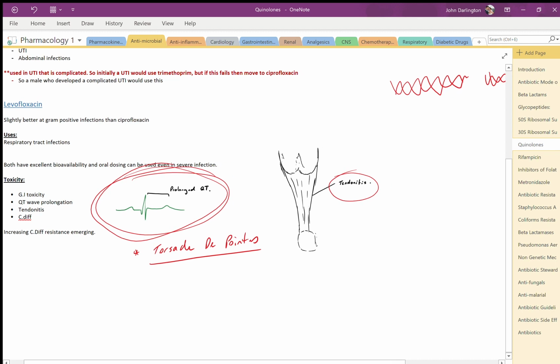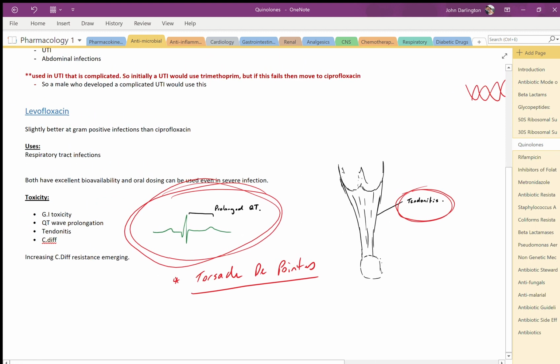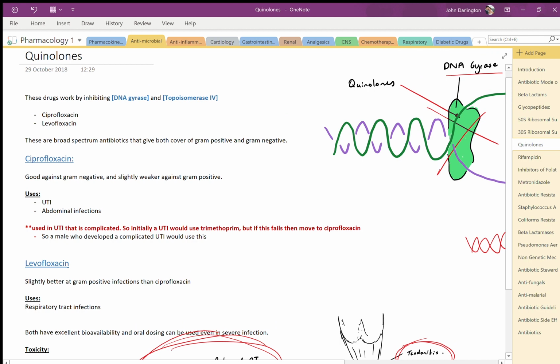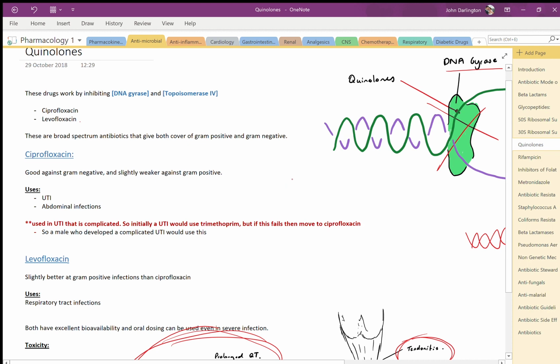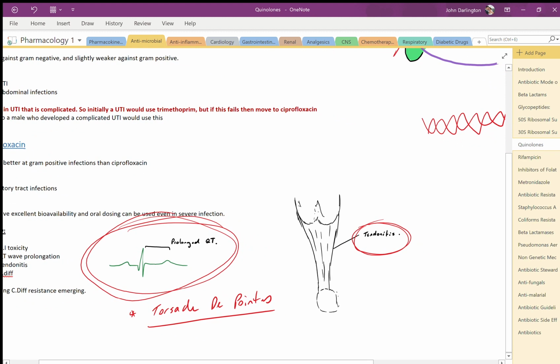arrhythmia, then you should absolutely be querying whether they should be on this drug or not, because it can cause a fatal arrhythmia. The other thing that it does is cause tendinitis, and the exact mechanism of this is not understood, but it's a major cause of Achilles strains, etc. That's very relevant, because if a patient comes in who is out running all the time and has had a bad infection such as a UTI, these are often used for urinary tract infections, and they're also sometimes used for upper respiratory tract infections, then you should query whether they've been on this drug, because it can cause tendinitis and severe injuries such as sprains.